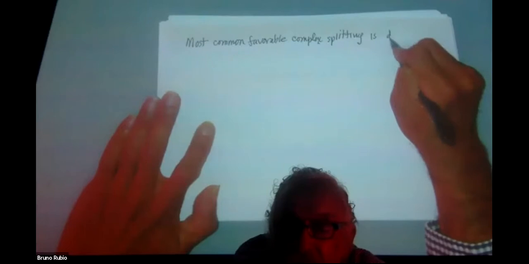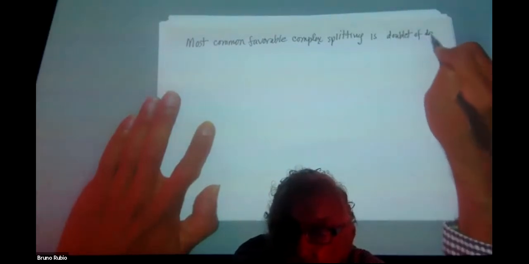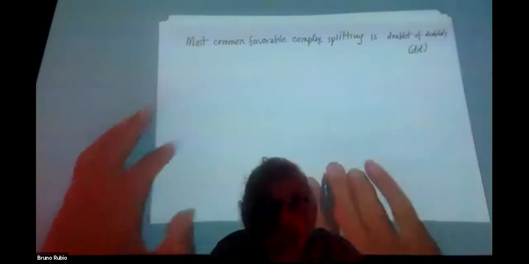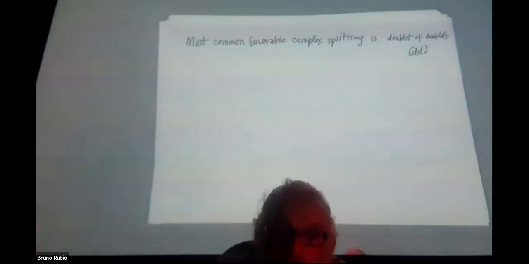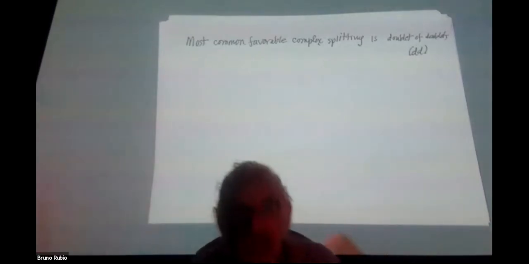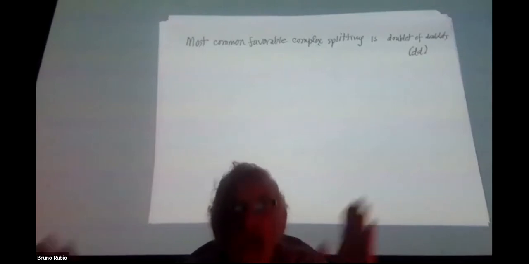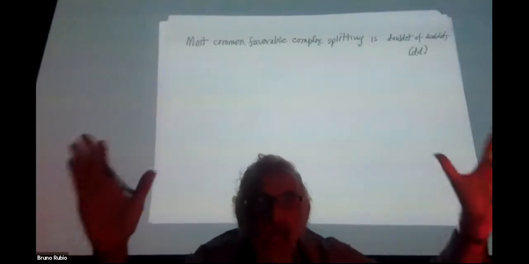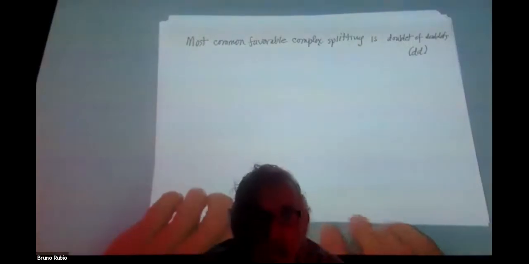This is abbreviated DD. So that means I have a proton and it is split by one proton on this side into a doublet, and then one proton on this side into another doublet, but those two protons that are splitting the observed proton are not equivalent to each other. That's what's going to give me the doublet of doublets.